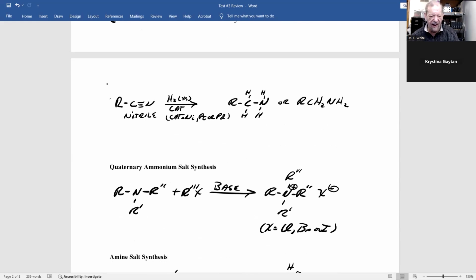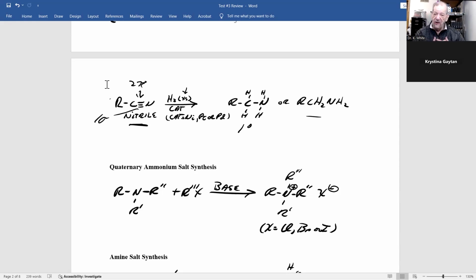And that is if you take a nitrile, and this is a triple bond with 2 pi bonds and 1 sigma bond, just like a carbon-carbon triple bond, and you add excess hydrogen, because you have more than 1 pi bond, you're hydrogenating, and a catalyst, nickel, platinum, or palladium, you break the 2 pi bonds, and each atom of the triple bond, carbon and nitrogen, gets 2 hydrogens. And this is a great way to make a primary amine. You can write it this way or this way.